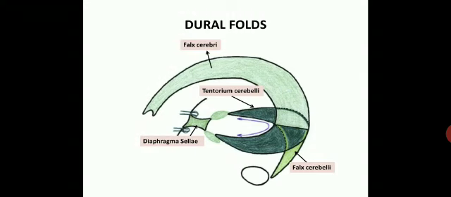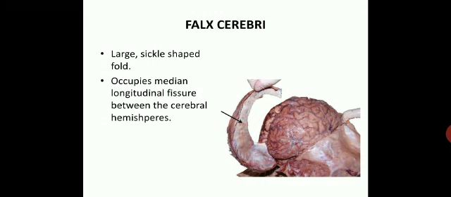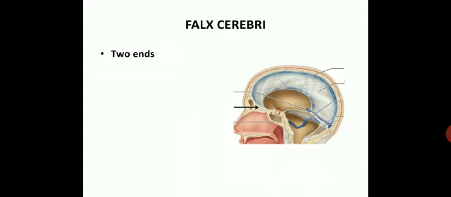One by one we will observe their attachments and the sinuses related to them. The falx cerebri is a large sickle shaped fold, and it occupies the median longitudinal fissure between the cerebral hemispheres. It has two ends, the anterior end and the posterior end.